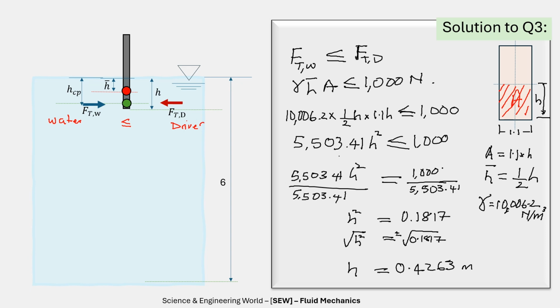Because we are talking of height, the negative will not be useful for us in this calculation. So the height of the water on the door should be about 0.4263 for the driver to be able to escape at all.